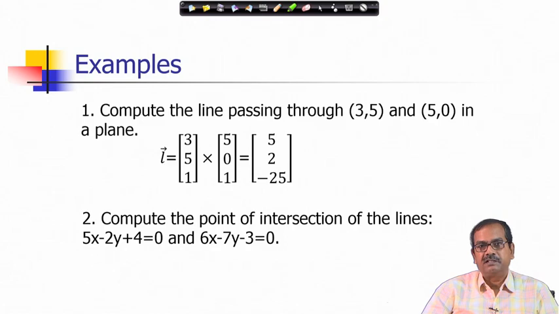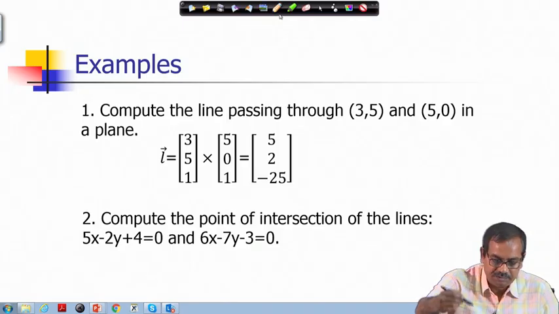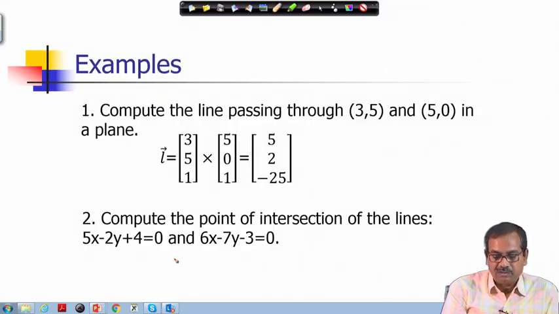Now, let us consider there are 2 lines and we would like to compute the point of intersection of these 2 lines, and these 2 lines are given by these 2 equations. So, once again let us work out. What is the kind of operations we have to do?